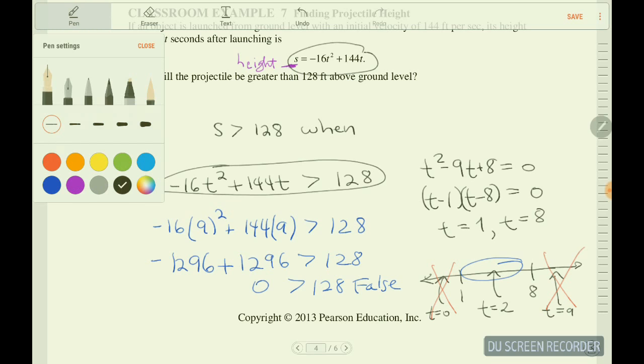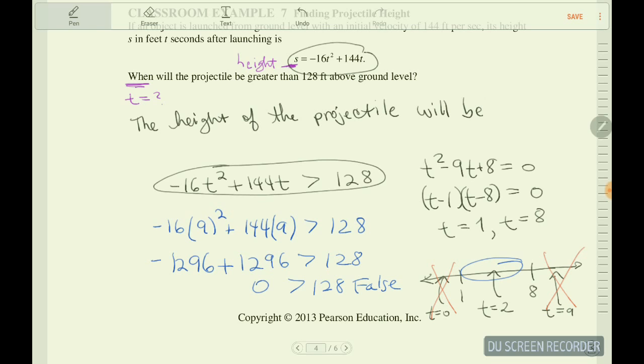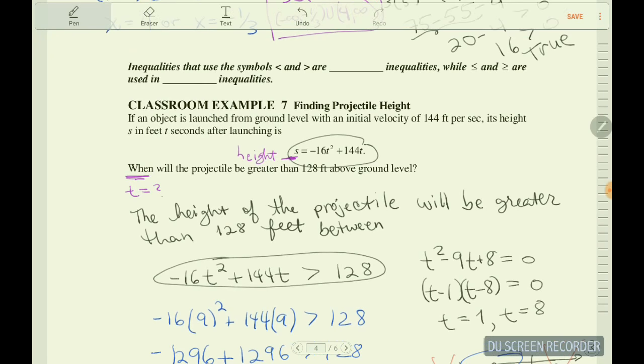how will I say this? So the height of the projectile will be greater than 128 feet between, and this is in seconds, I believe.